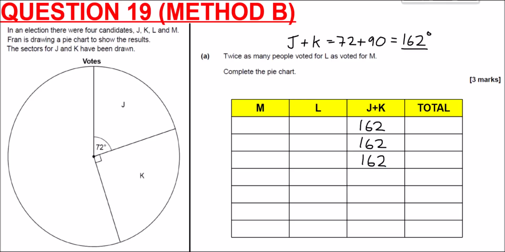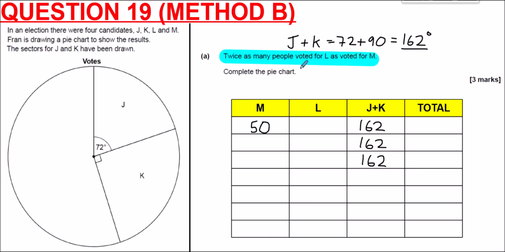And so what we're told here is that twice as many people voted for L as voted for M. And so all we need is a starting point, and obviously we know the answer from part A, but if we didn't know what it was, we could maybe guess that M was 50. Just have a starting guess.